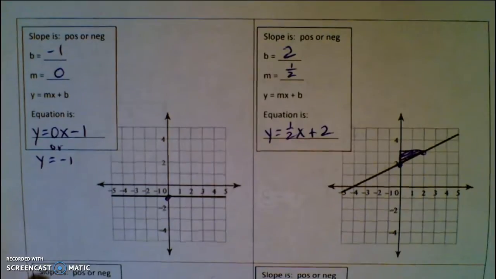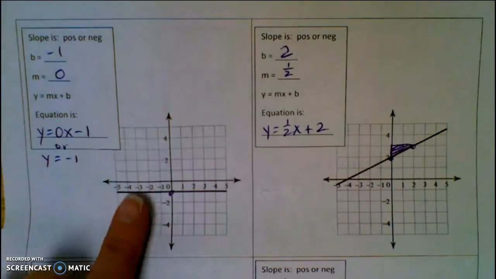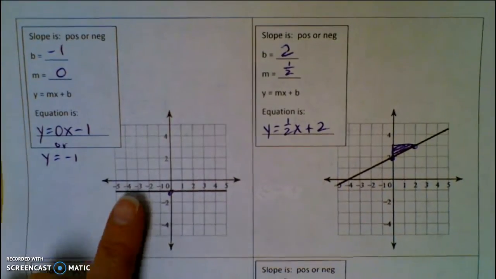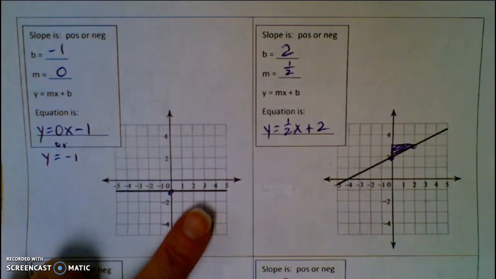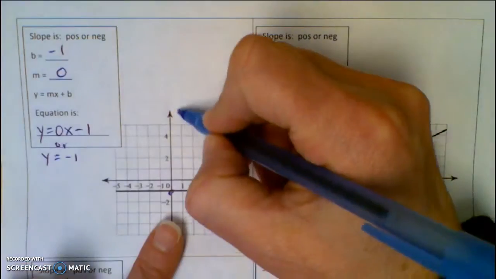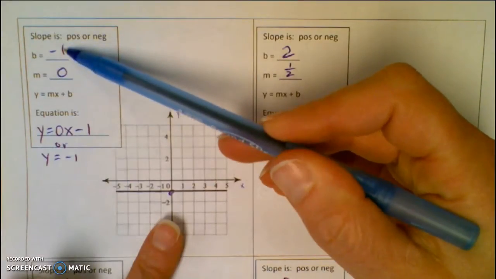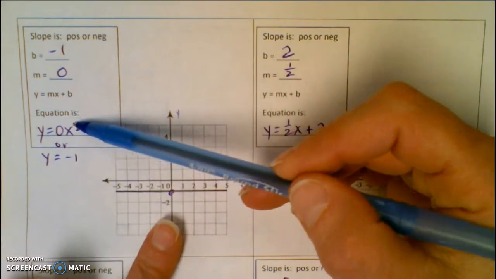Okay, to check our answers on the back of your note sheet, your first example is straight across. So that tells us that our slope between any 2 points is going to be 0. And we notice that the y-intercept is down here at -1. So when we have those 2 components, remember, you're just going to plug it into the formula.